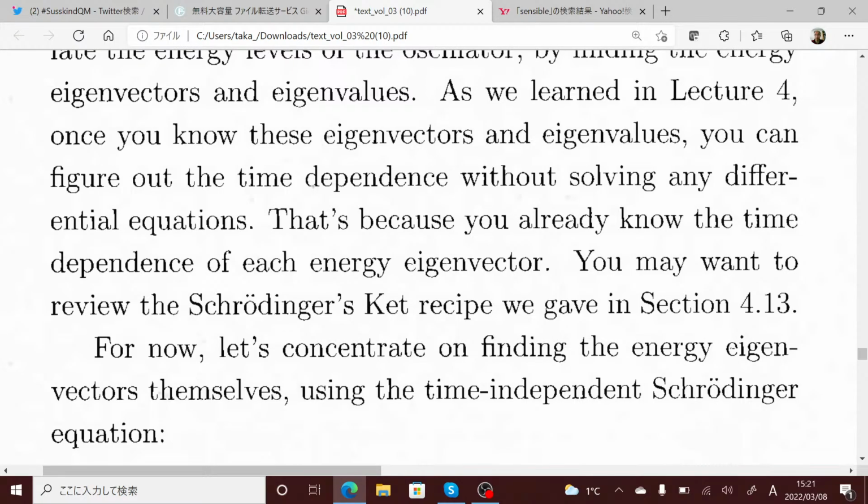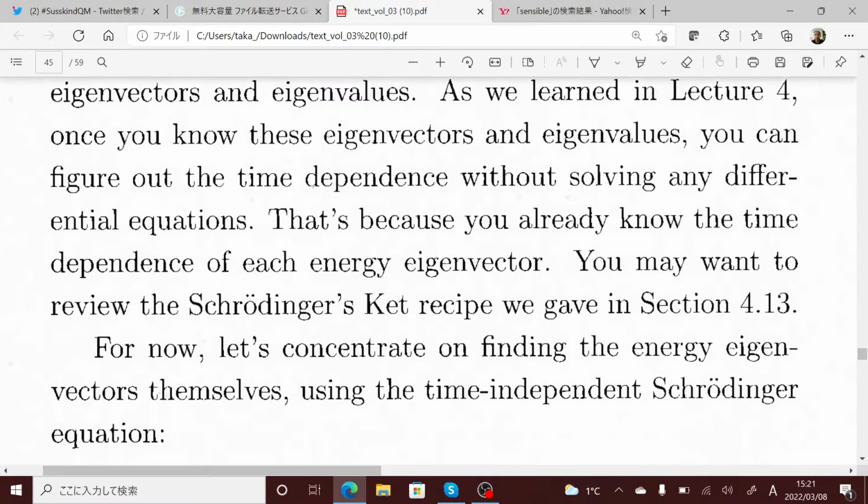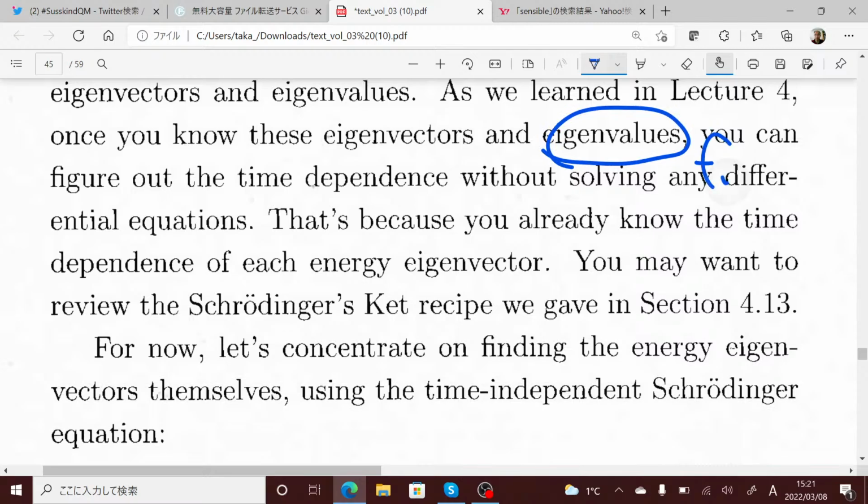Because once you have the eigenvalue for H, let's call this E_n, then your wave function, your eigenvector, let's say your eigenvector is |n>.